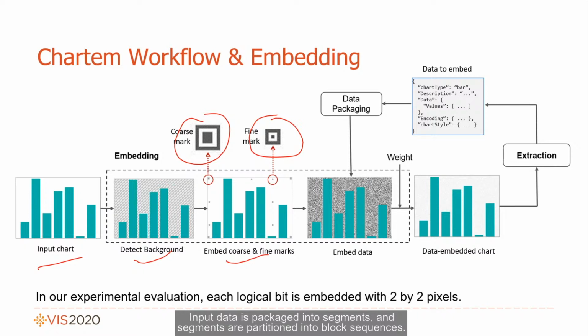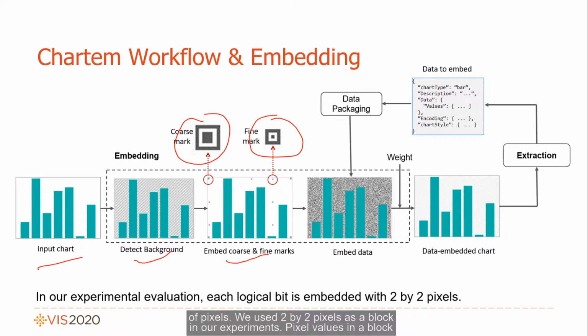Input data is packaged into segments, and segments are partitioned into block sequences. Each block sequence consists of one or more data blocks, plus a start block and end block to identify the block sequence. A block contains a fixed number of logical bits. Each logical bit is mapped into a block of pixels.